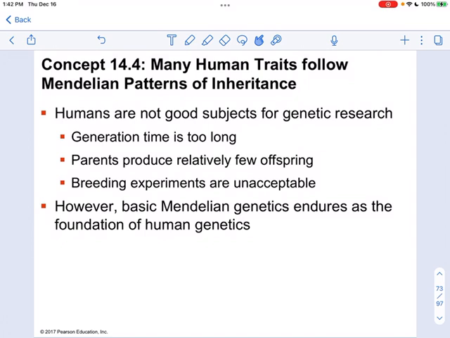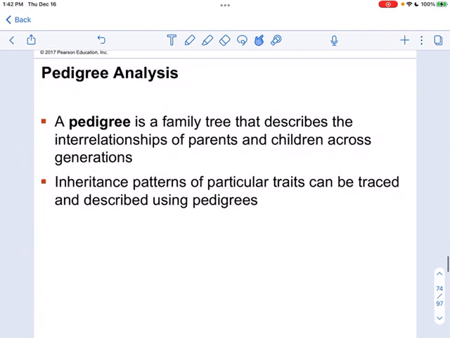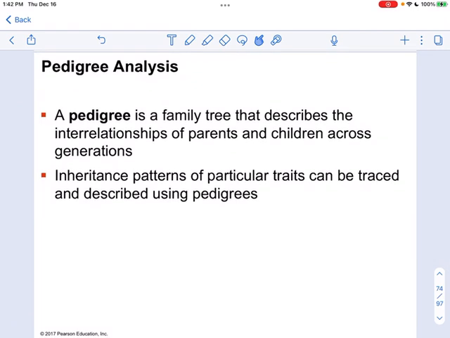So we don't make good subjects for genetic research like the garden pea plant that Mendel used, but we can still use basic Mendelian genetics to track what has occurred across many generations in a single family.